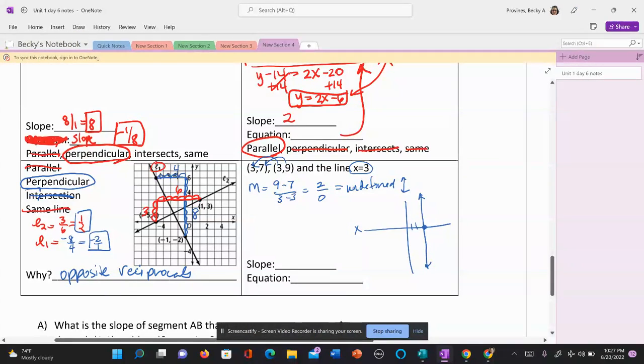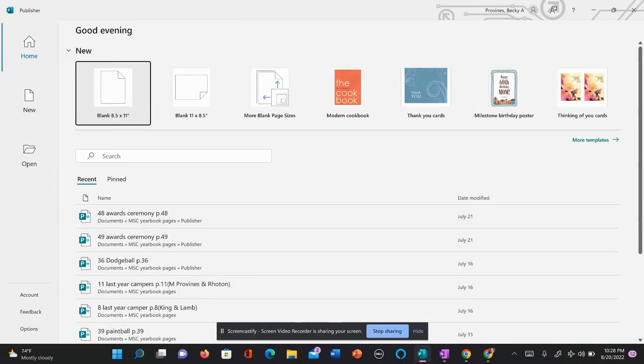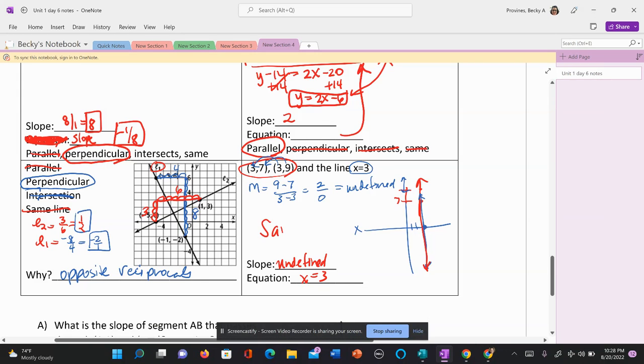If I graph these two, if I go over to 3 and up 7, let's say that's 7, and then I go over 3 and up 9, do you see how this is the same line? Oh, I kind of missed. I'm graphing the red right on top of the blue. It's the same equation. Okay, so the slope is undefined. It's x = 3, and this is the same line. What happened? Same line.